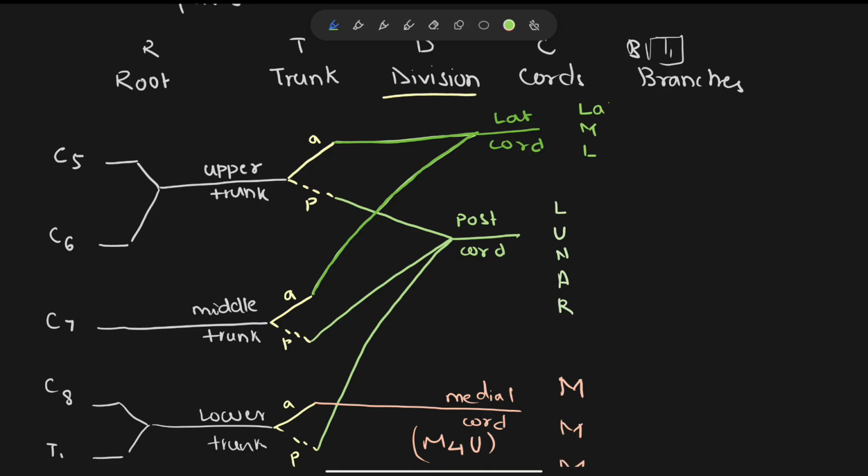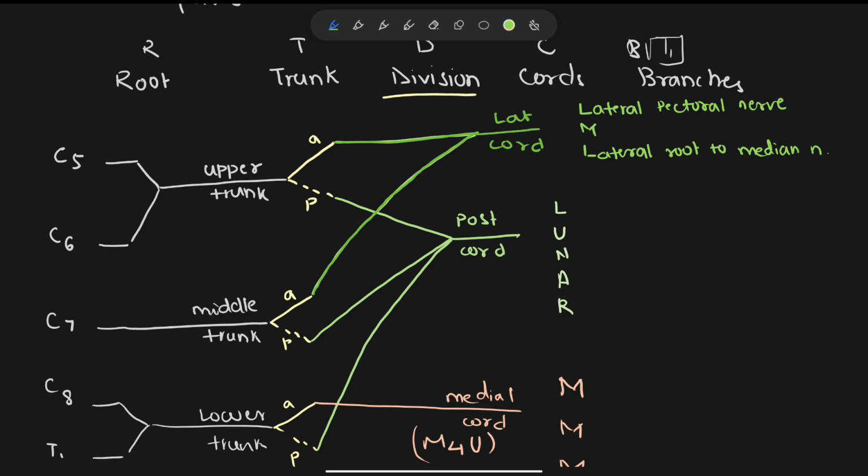From L, lateral pectoral nerve. Again, L comes lateral root to median nerve. Okay, median nerve has two roots, lateral and medial.